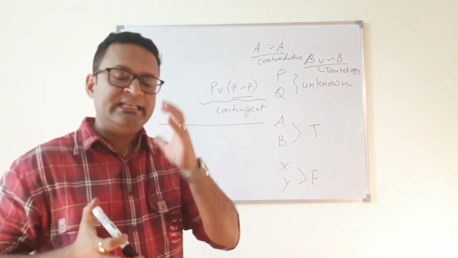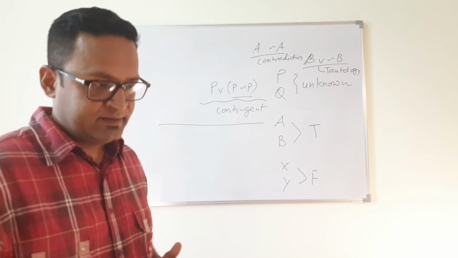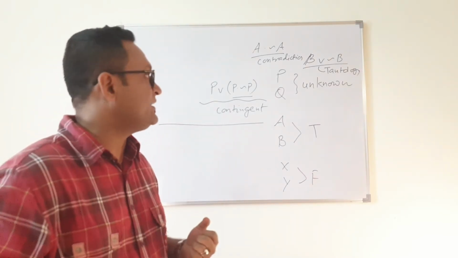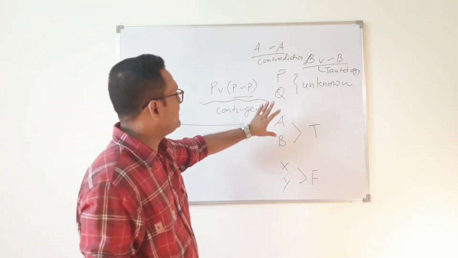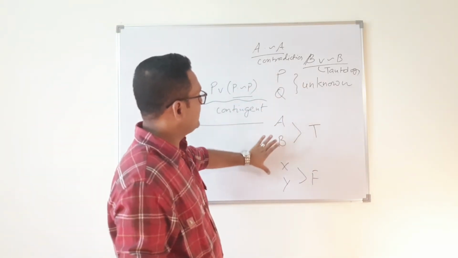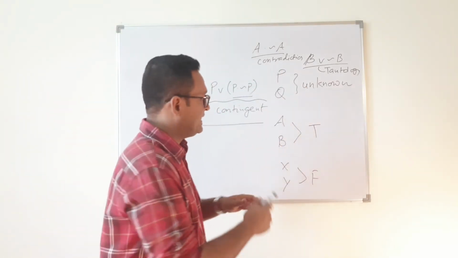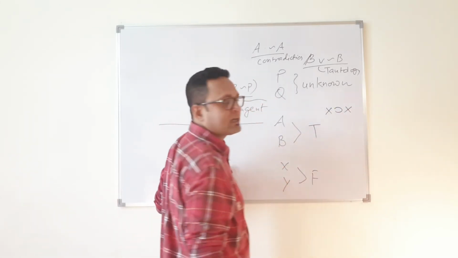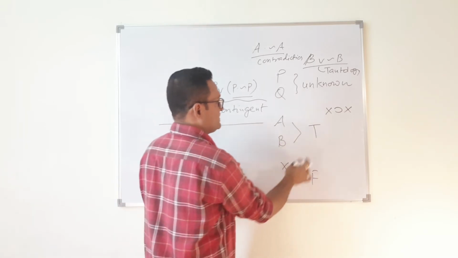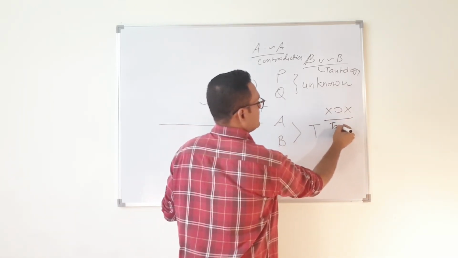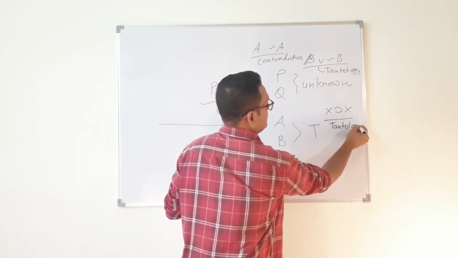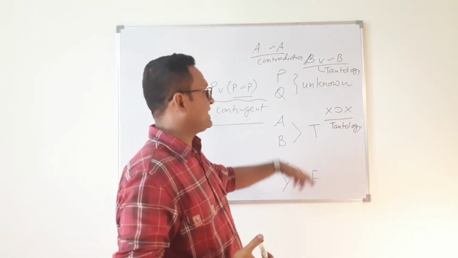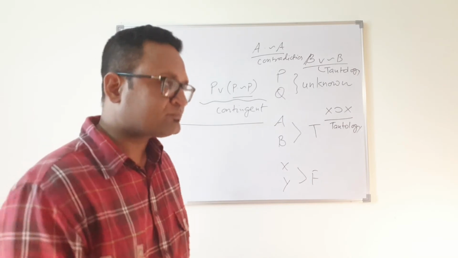Once you understand these small things, you see why we say that logic is very structural by nature. Irrespective of the value of A or B, or say X wedge X, suppose it has come, this is a tautology, irrespective of whether the value of X is false or true.